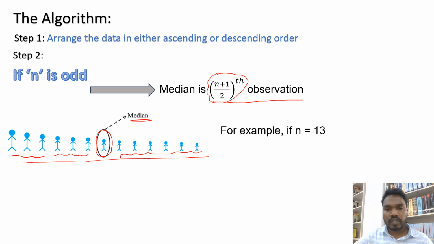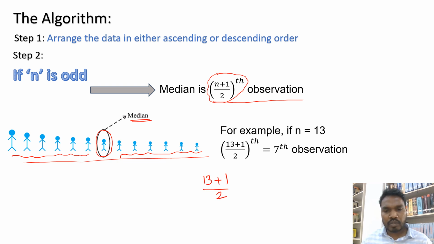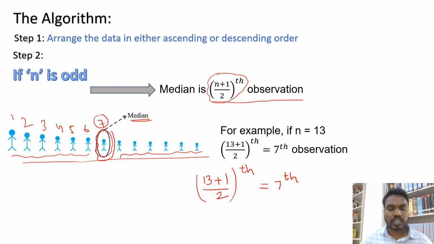Here it is an odd number, so (n plus 1) by 2, n is 13, plus 1, by 2. So this is 14, 14 by 2 is the seventh observation, which is 1, 2, 3, 4, 5, 6, 7. Therefore the seventh observation is the median of the data.